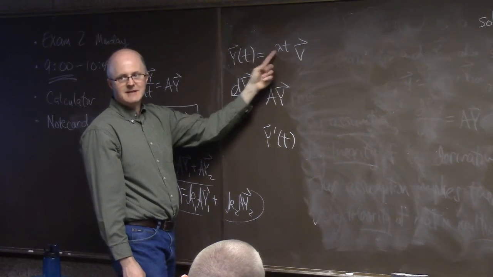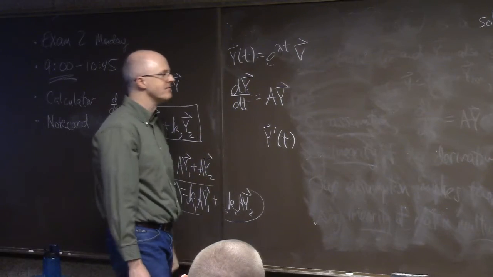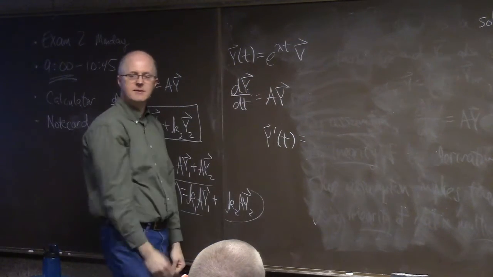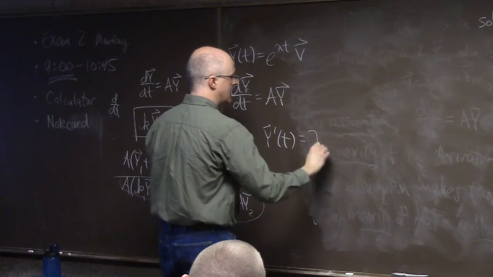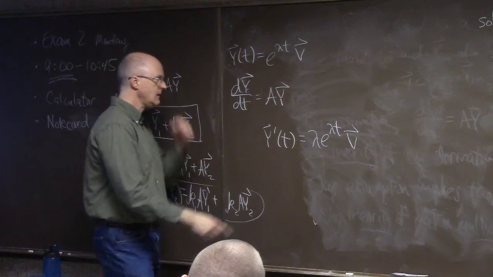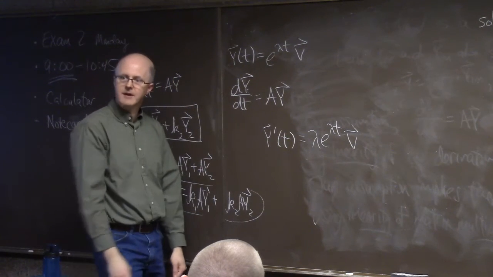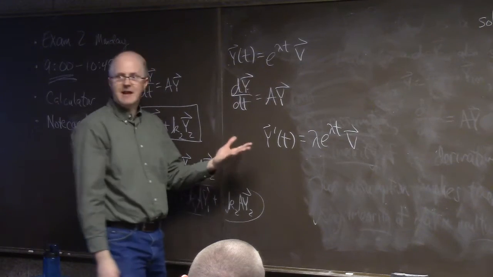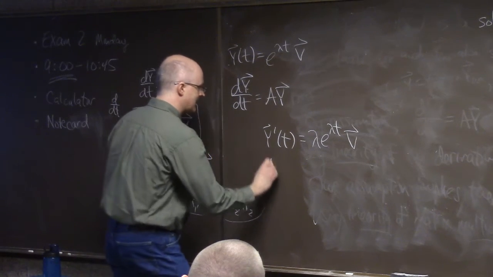Lambda and t are scalars. That's a regular exponential function. You can differentiate it by differentiating the scalar in front, in this case with the chain rule, and leaving the constant vector over there on the right. That's the left-hand side. What's the right-hand side?